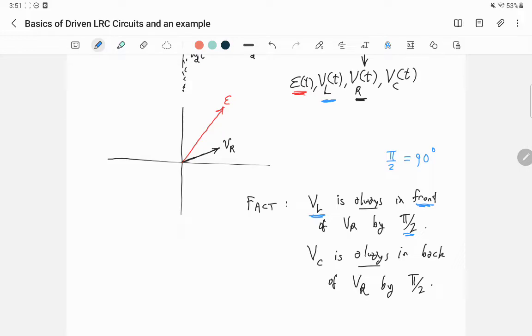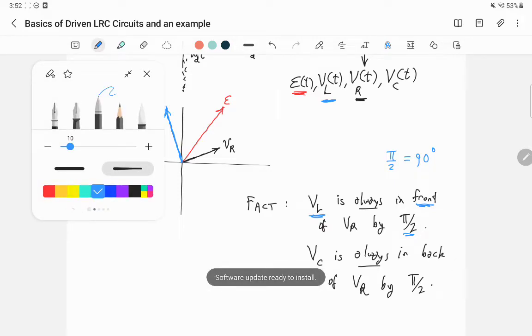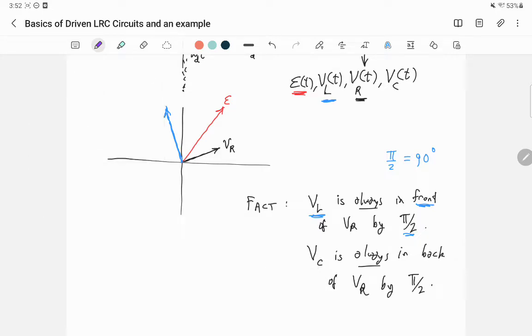So the inductor in this case is going to have a phasor that looks like this. And then let me change the color to be purple, I guess. So a capacitor, it's always in back by 90 degrees. So the capacitor voltage phasor is back here.